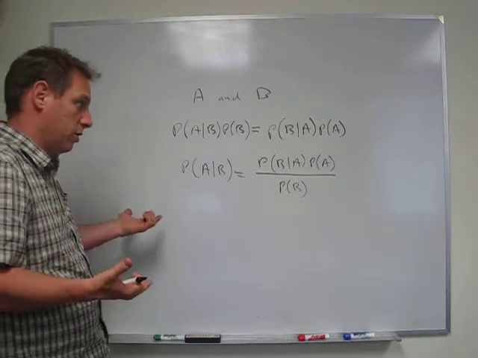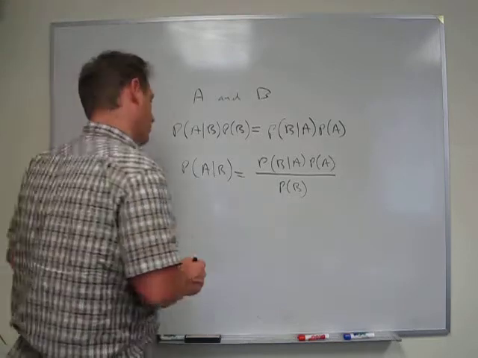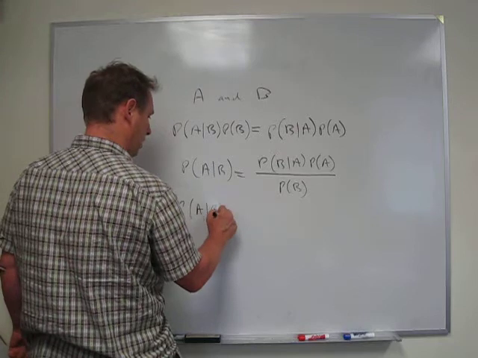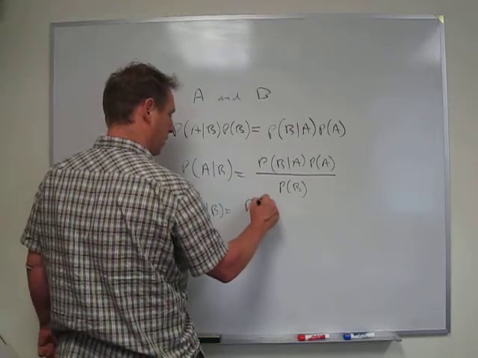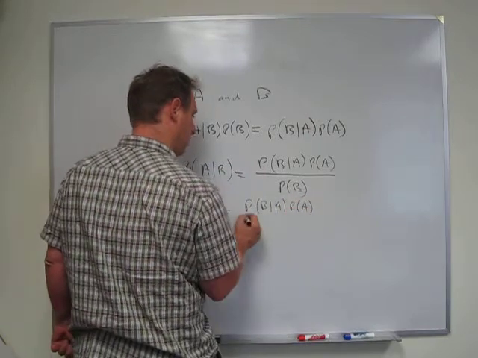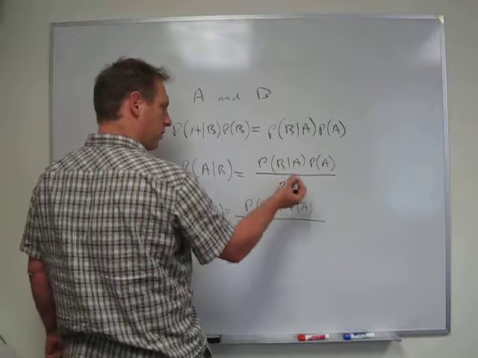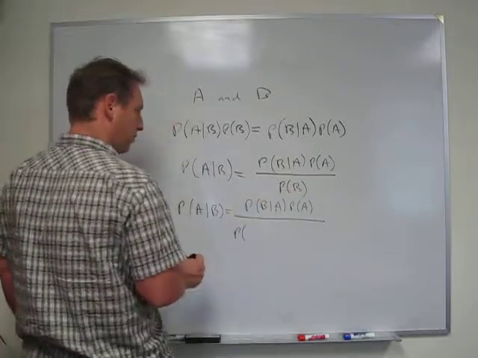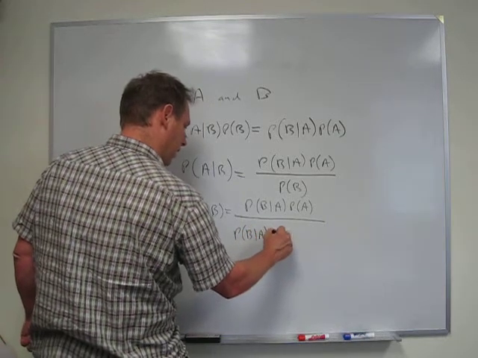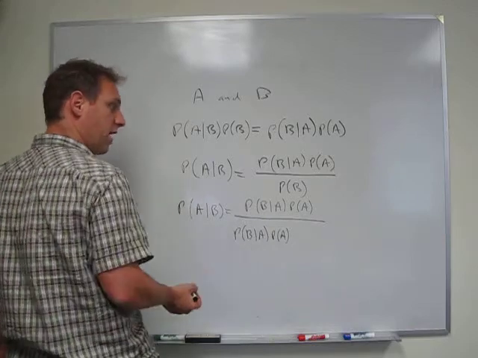Using the law of total probability, one possible way is saying that the probability of A given B is equal to the probability of B given A times the probability of A divided by, again, we can turn the probability of B into the probability of B given A times the probability of A.